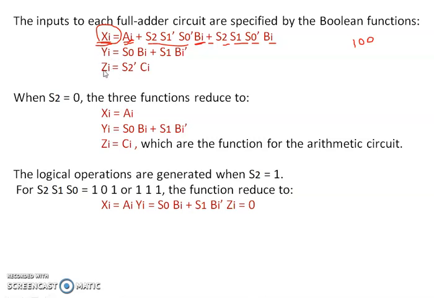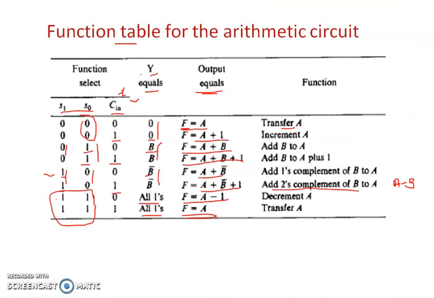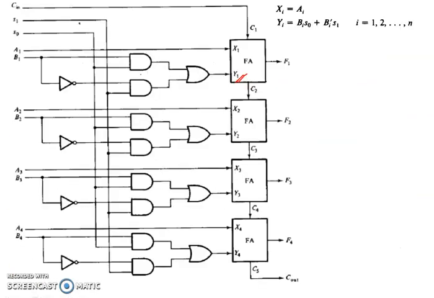Then in case of Zi, there is a change. Previously it was S2, that is here you can see over here. Carry in, Cin, is given as input to the C. It can be either 0 or 1.